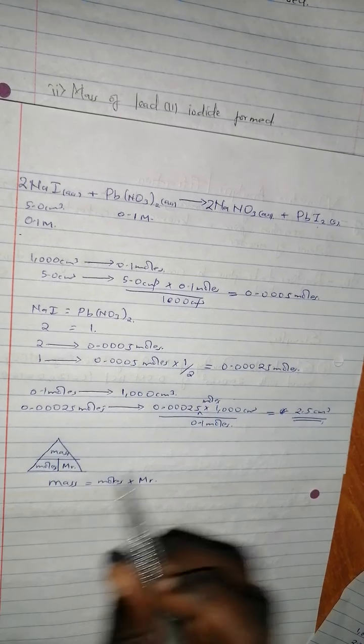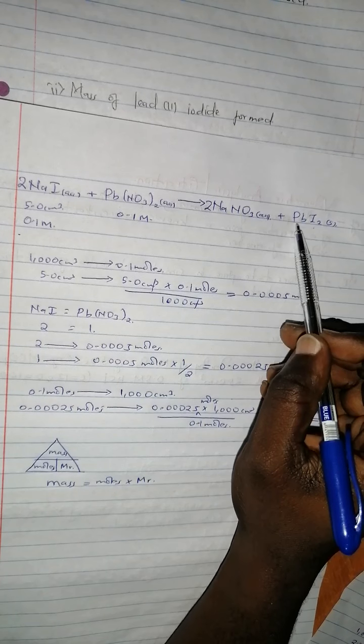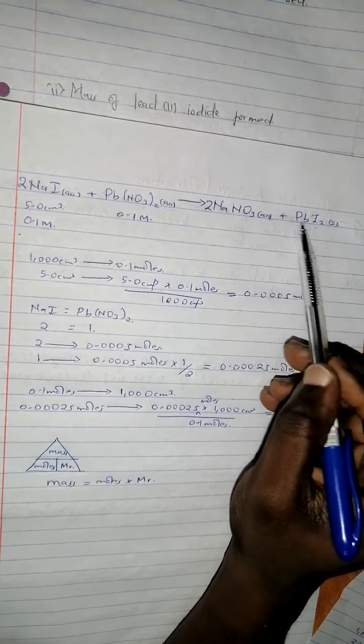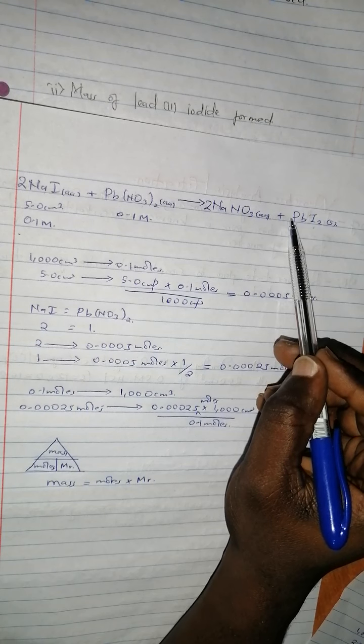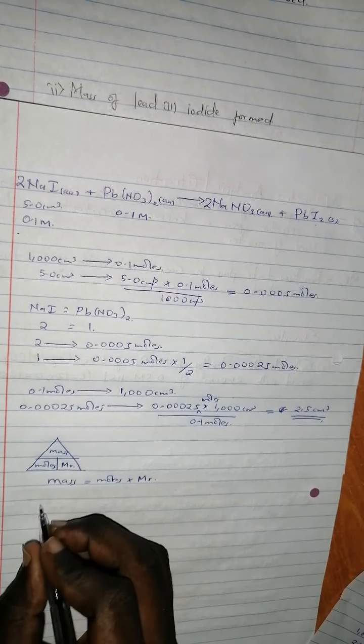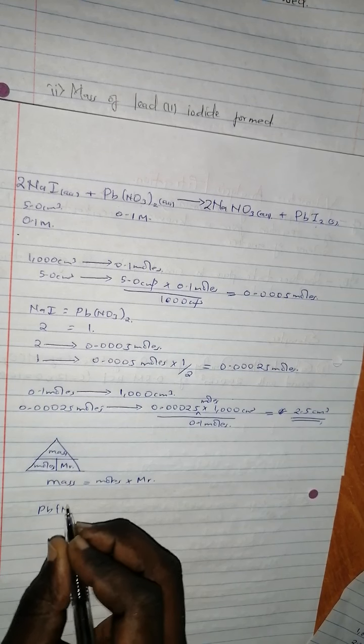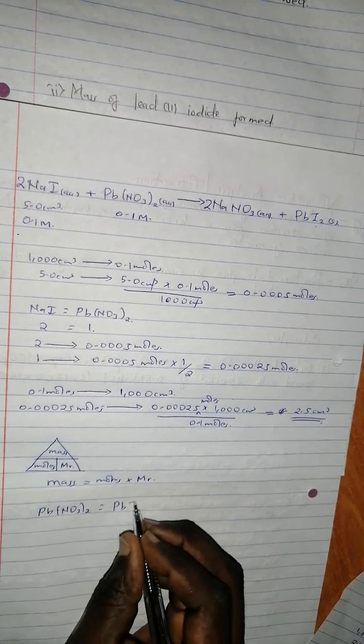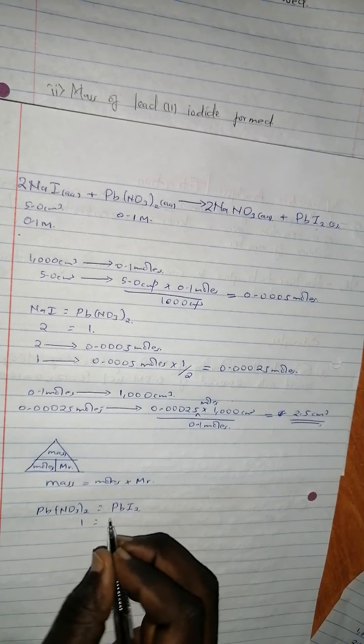The number of moles of lead iodide, we said that in this reaction, 1 mole of lead nitrate reacts to form 1 mole of lead iodide. It means that the mole ratio between lead nitrate to lead iodide is 1 to 1.